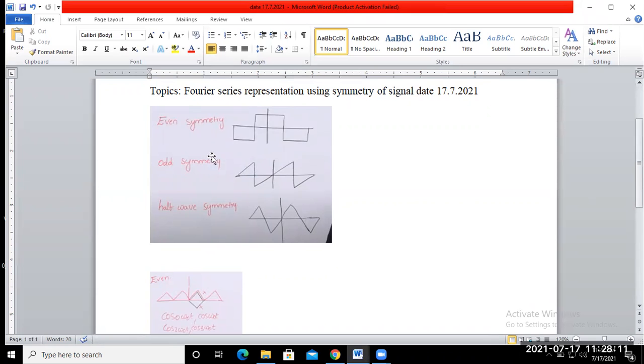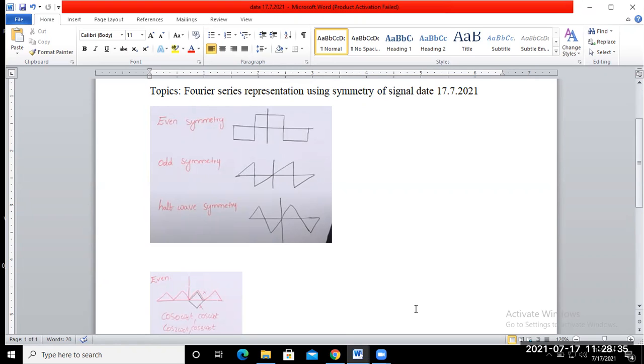If you know the symmetry of the waveform, then you can comfortably find the Fourier series representation.